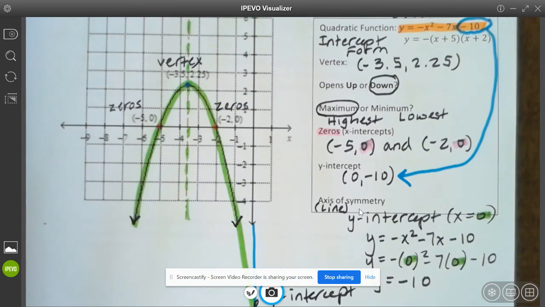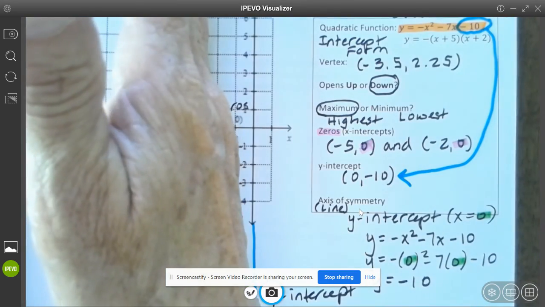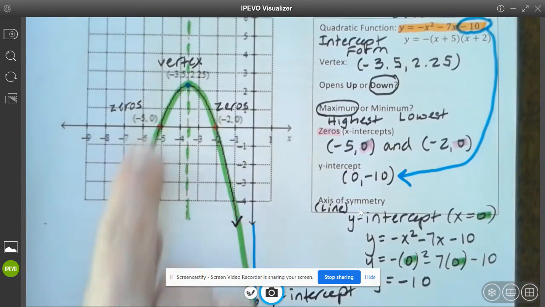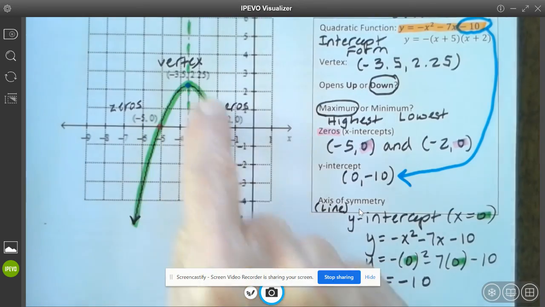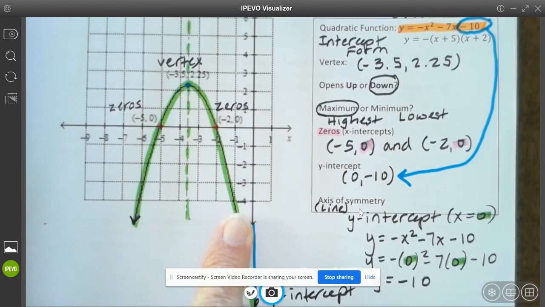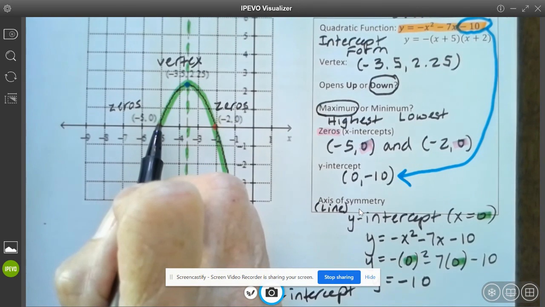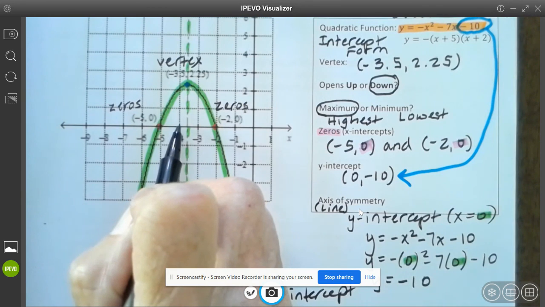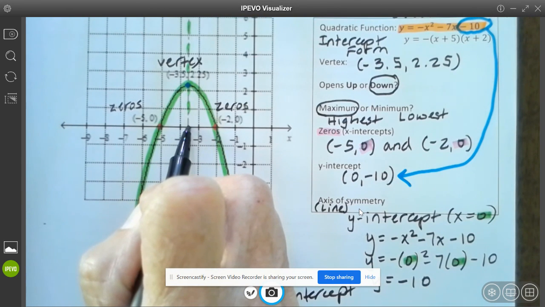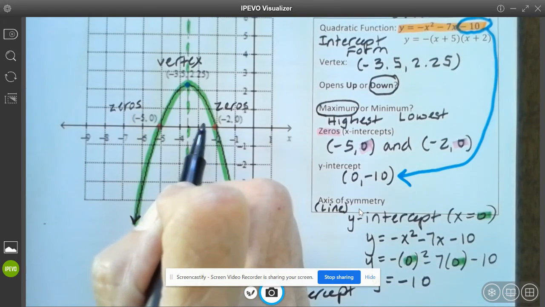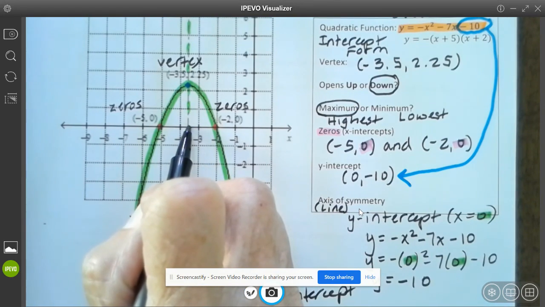Now, symmetry means if I were to cut this parabola exactly in half and fold it over, this side of the parabola would lay right on top of that side. In other words, every point on either side of this axis of symmetry is symmetrical. This ordered pair -5, 0 is exactly 1.5 units away from the middle. This ordered pair of -2, 0 is exactly 1.5 units away from the middle.